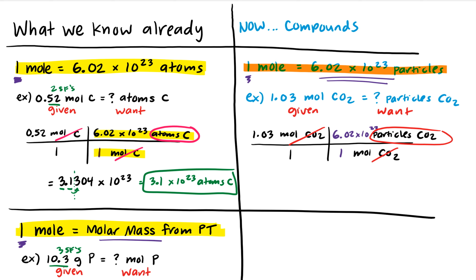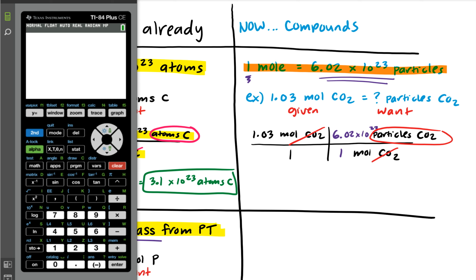Now it's time to calculate. Still multiply the top. 1.03 times 6.02 E23. And I just have ones on the bottom, so I don't really have to do anything with those. And our answer in that calculator is 6.2006, times 10 to the 23rd.